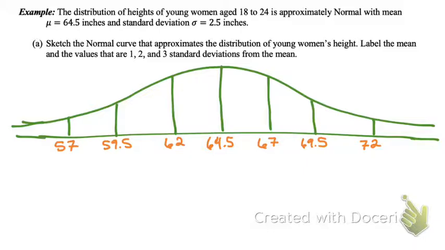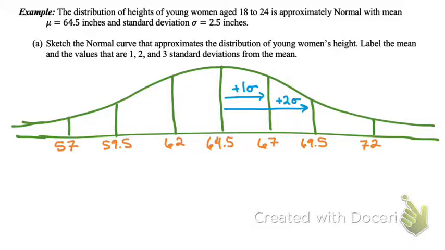Okay. Now, I'm going to draw and write on here some things to help you when you're looking at this. Remember where those numbers came from. So this is, I added 1 standard deviation. I literally took mu of 64.5 and I added 1 times the standard deviation. That's mathematically what we did. Then I took 64.5 and I added 2 standard deviations.